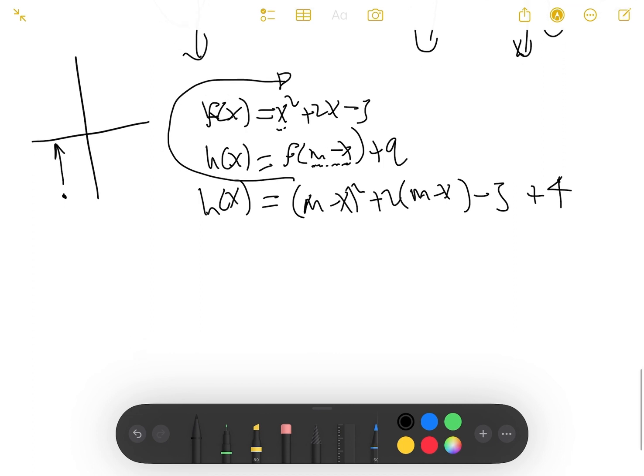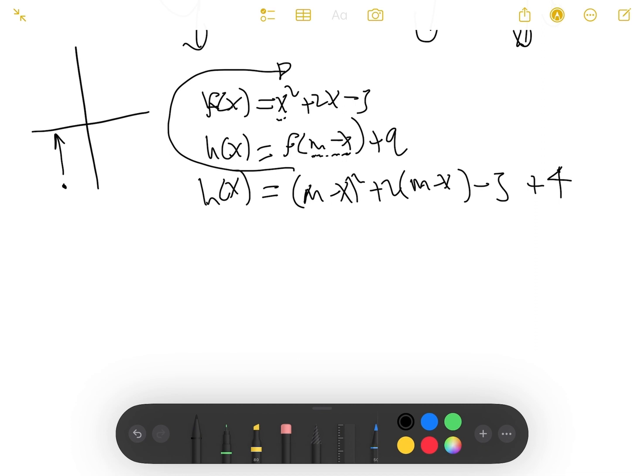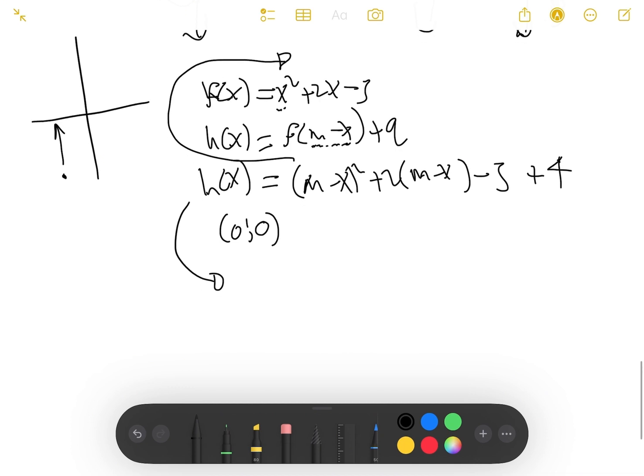So from that, one thing we know is that at the origin both coordinates are 0, right? So we can substitute 0 into m minus 0 squared plus 2 times m minus 0 plus 1.